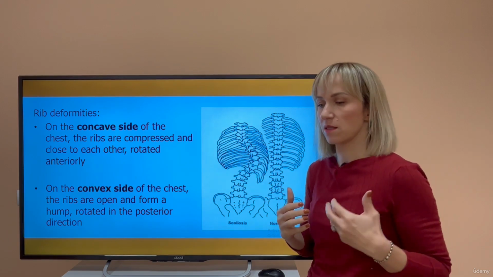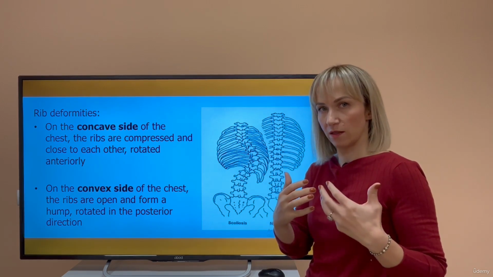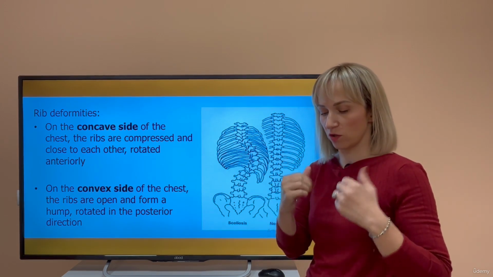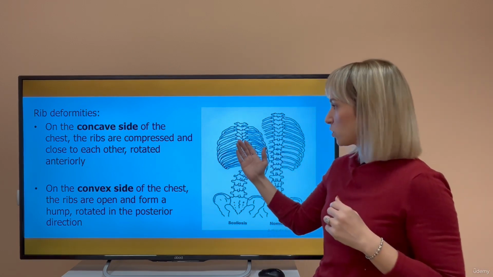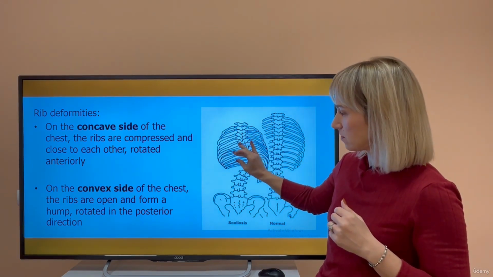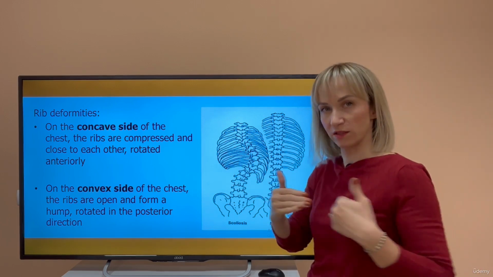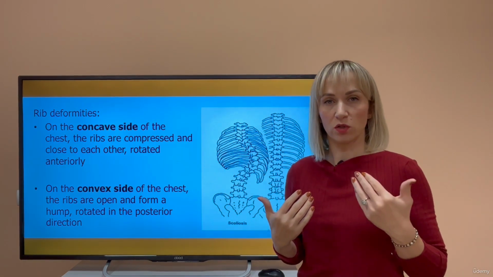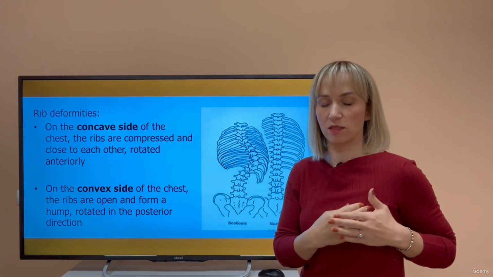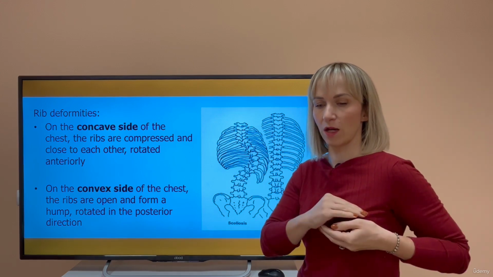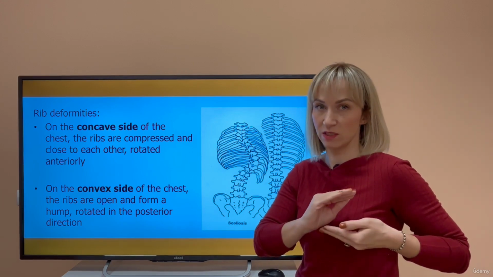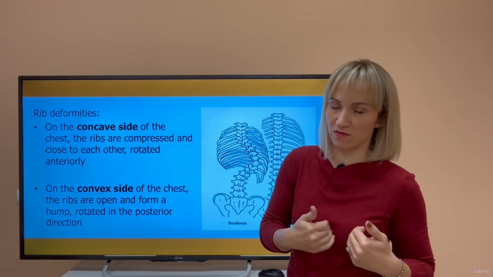So it means that the ribs in the anterior part of our body are opened, okay? So in the posterior part they are compressed and they are pushed anteriorly. So anteriorly you will see a patient, his or her chest being more rotated anteriorly, and the ribs are open anteriorly in the concave side.